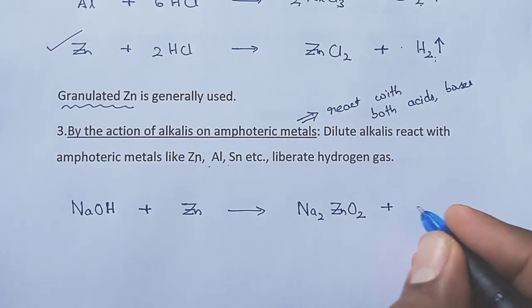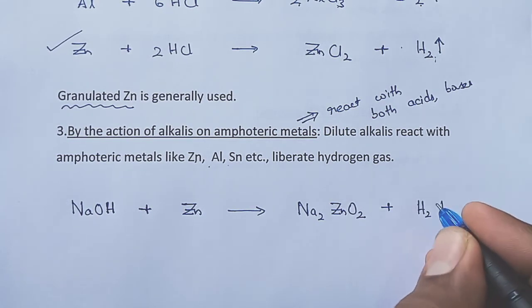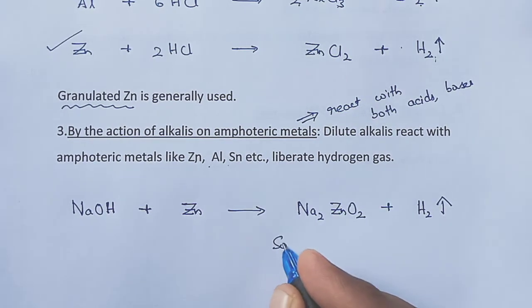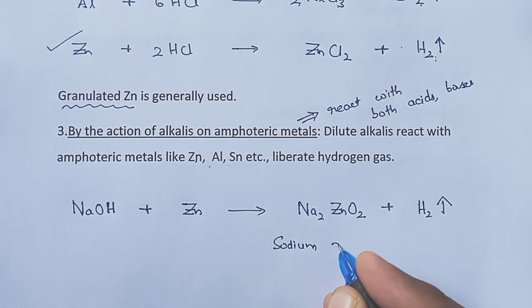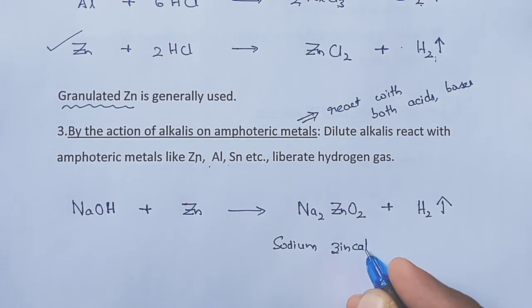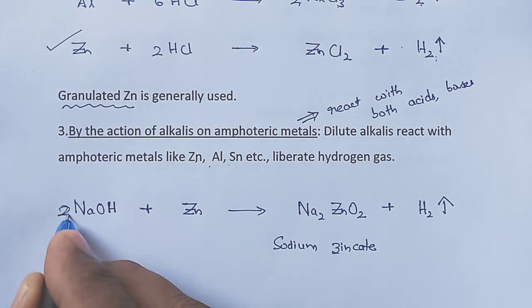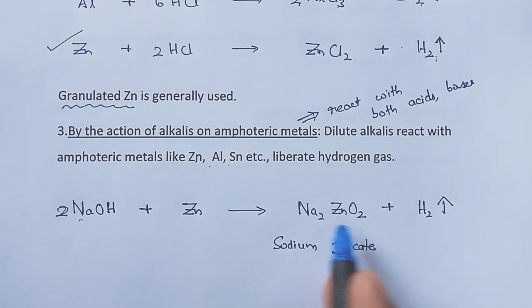Along with this we will get hydrogen gas. The name of this compound is sodium zincate. Sodium zincate, and hydrogen gas is produced. For balancing, put 2 here. 2 sodiums, 2 oxygens and 2 hydrogens are balanced.